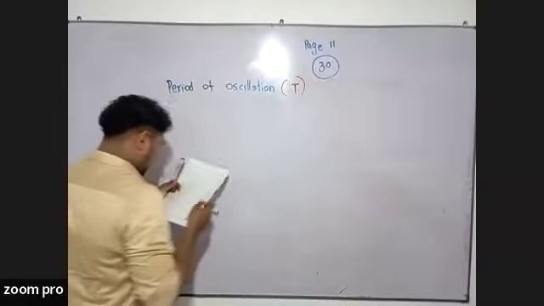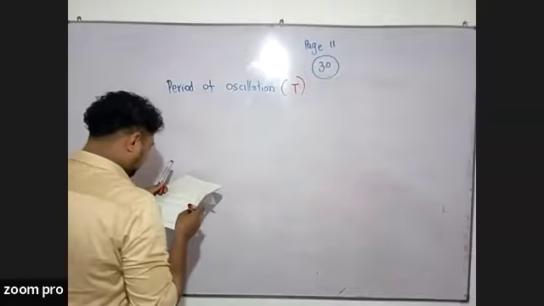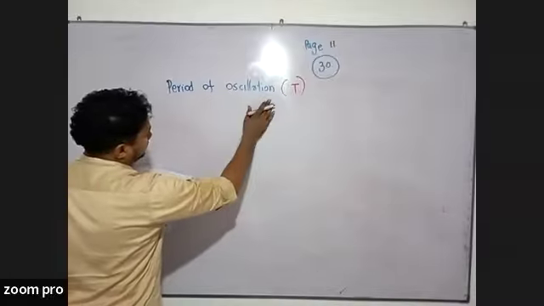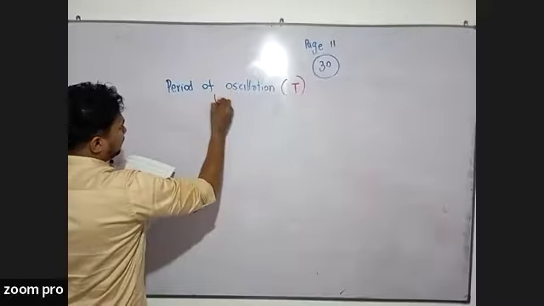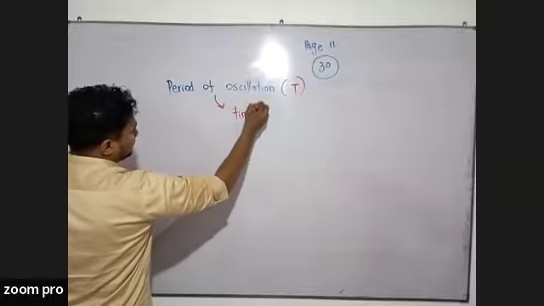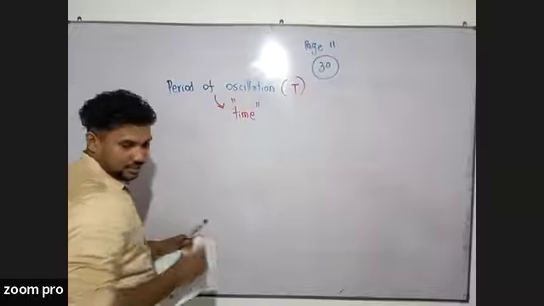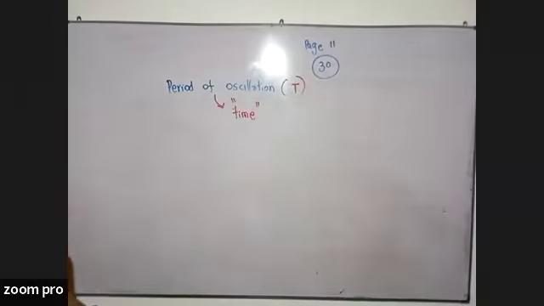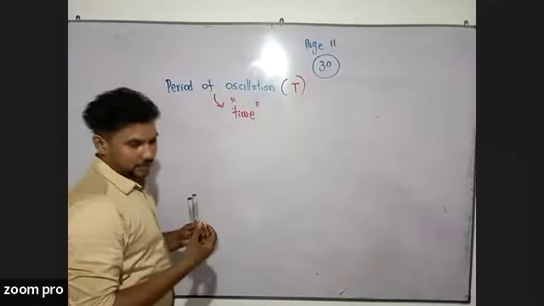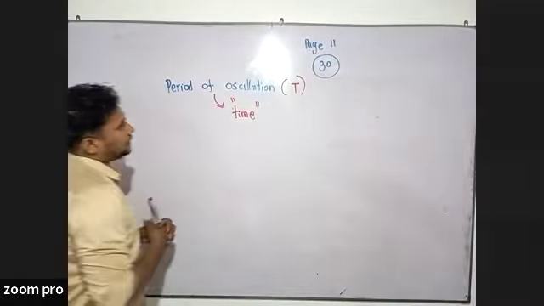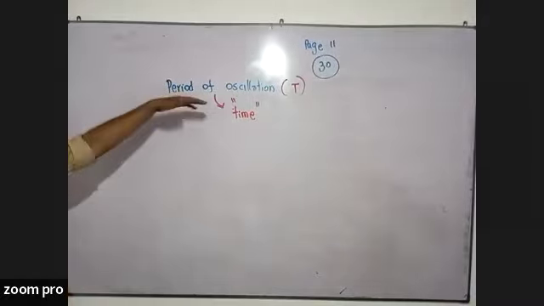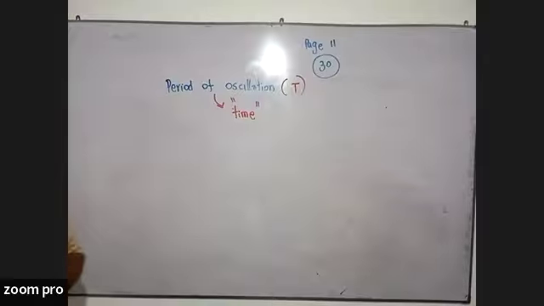There's a small printing mistake in this. Period of oscillation is represented as a capital T. Now keep in mind that the period of oscillation is expressed as a time. So it is a time value, right? So when you obtain the dimensions, just keep in mind that the period of oscillation is considered as a time.